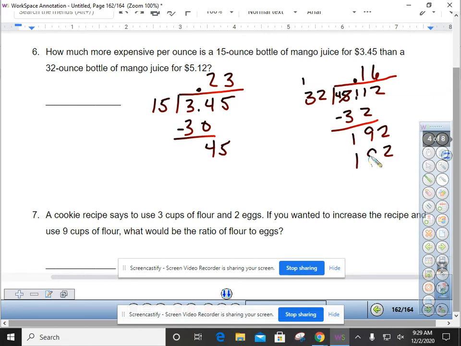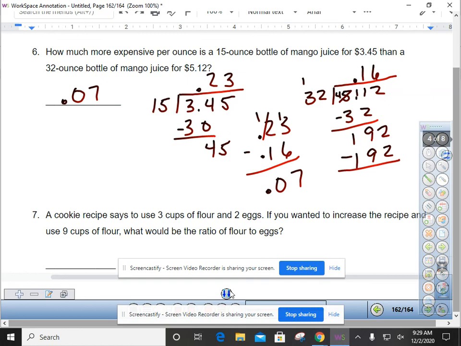Yep, 6. So how much more expensive is this one than this one? How do you do that? Subtract. Good. How much more expensive is it? 0.07. Everybody good?